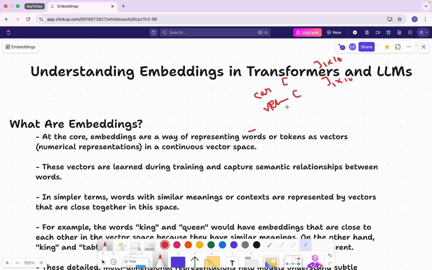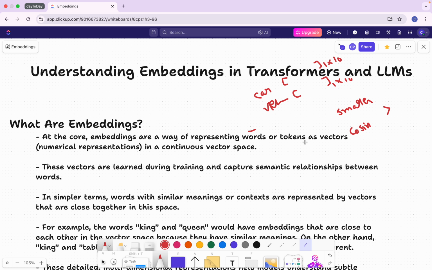So we have a vector for the two words car and vehicle. As we know, car and vehicle are similar, right? So when I take the distance between these two vectors, it should be smaller. In other words, if I take the cosine similarity between these two vectors, it should be higher, right?